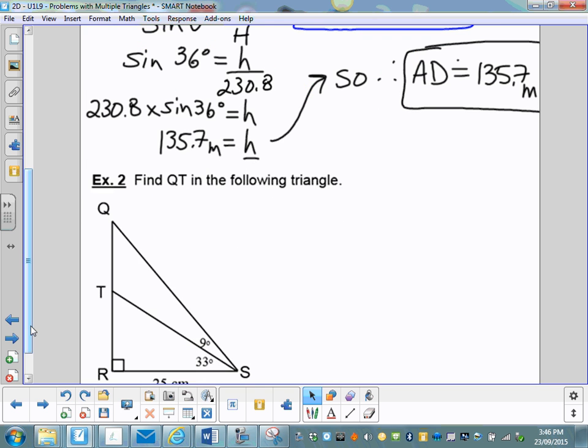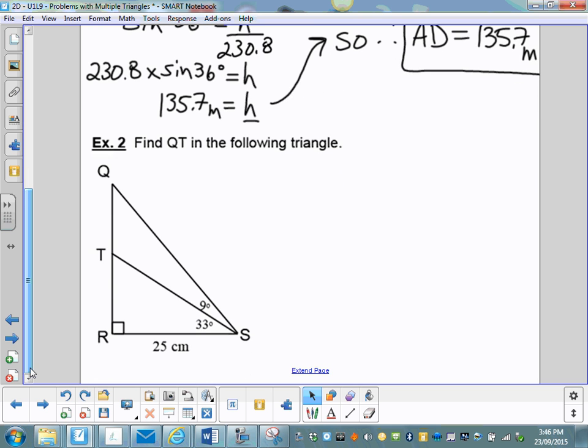Example 2, I'm trying to find QT. QT is this distance here. I'm going to call that x. So I'm trying to find that distance.